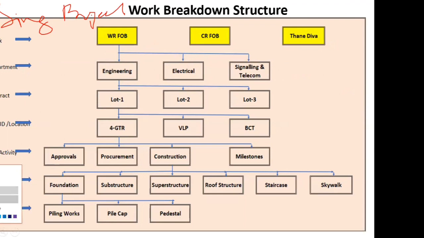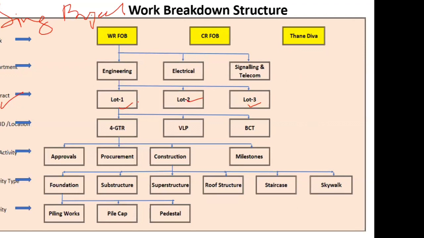So moving on next, we have divided further into the contract level. Now this is lot 1, lot 2, lot 3. In engineering, we have lot 1, lot 2, lot 3. In the same way, you could have electrical lot 3, lot 4, 5, 6, and so on, right? These are nothing but the number of contracts. In the engineering department, for Western Railway FOB, we have 3 different contracts.